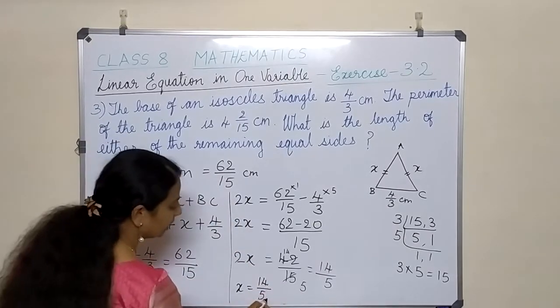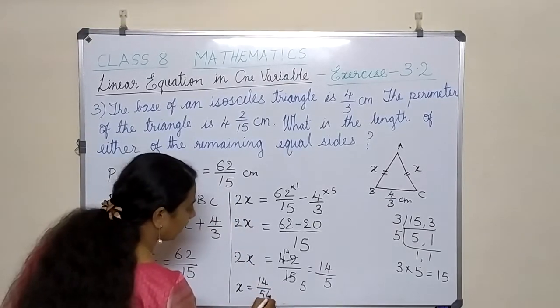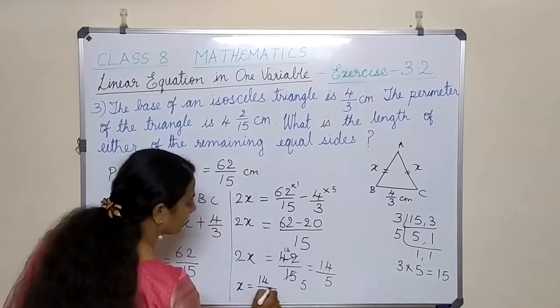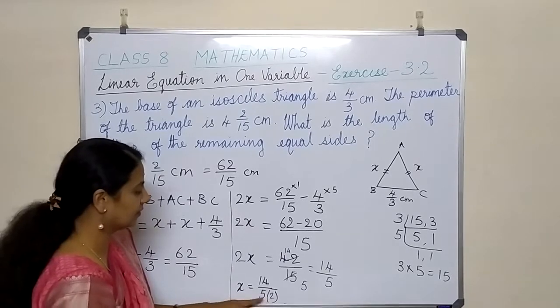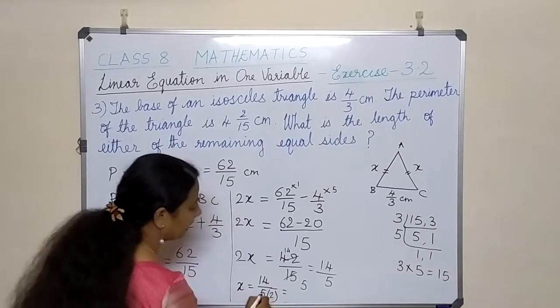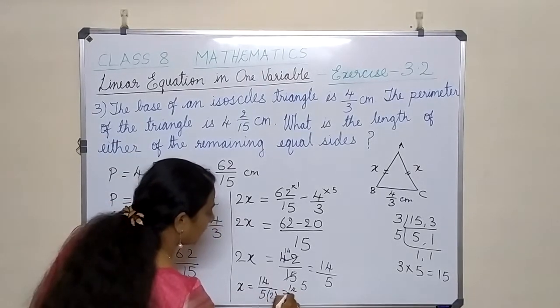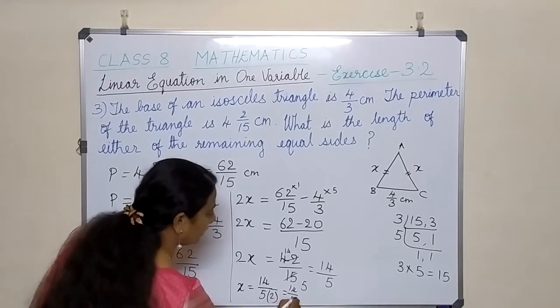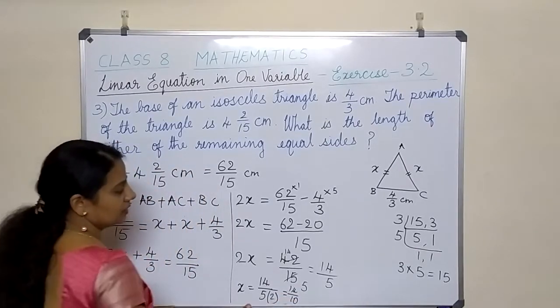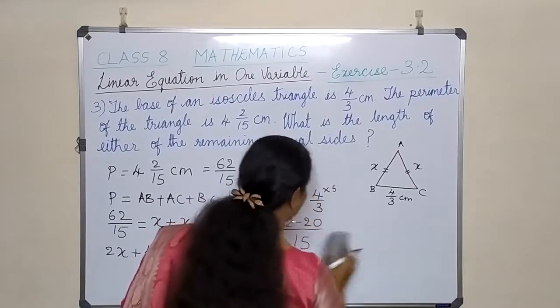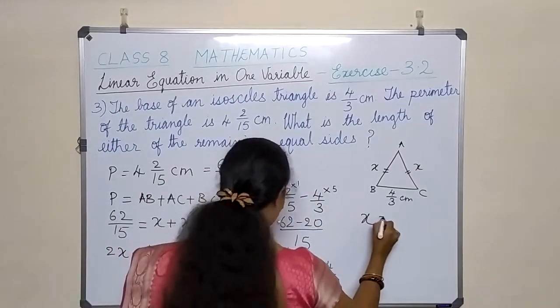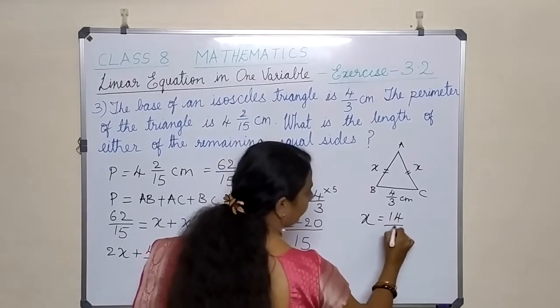This 2 goes to the denominator, so you can write this 2 over here. I mean divisor. So I can multiply these two. 14 as it is, 5 twos are 10. So x equals 14 by 10.